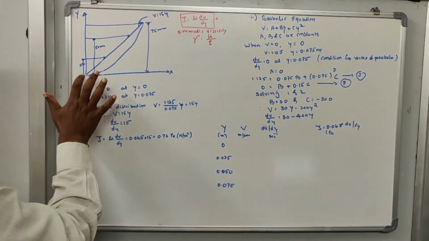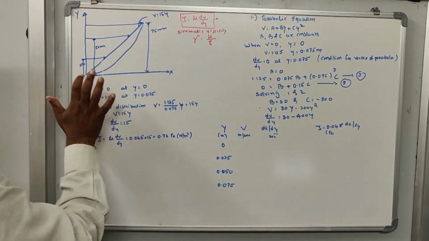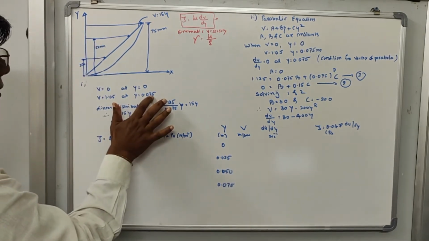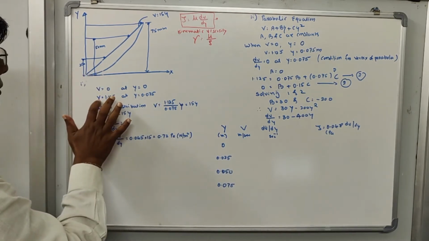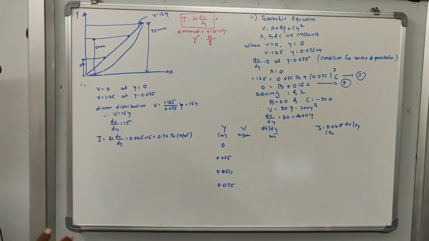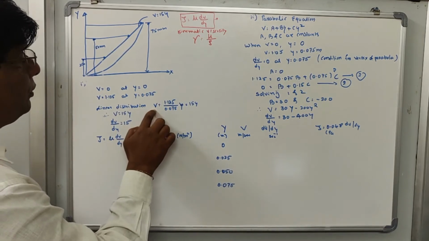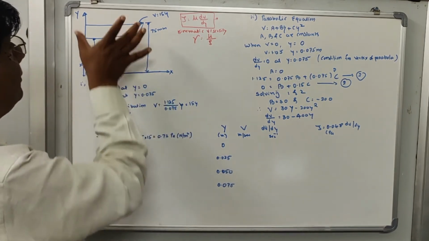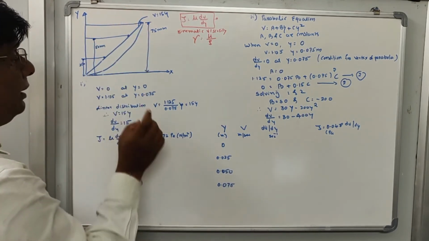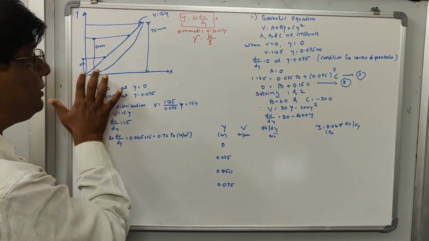Initial condition is when y is equal to 0, v is equal to 0. Boundary condition: when y is equal to 75 mm or 0.075 meter, at that time velocity v is equal to 1.125. So for this linear distribution, at y equal to 0, v is 0.